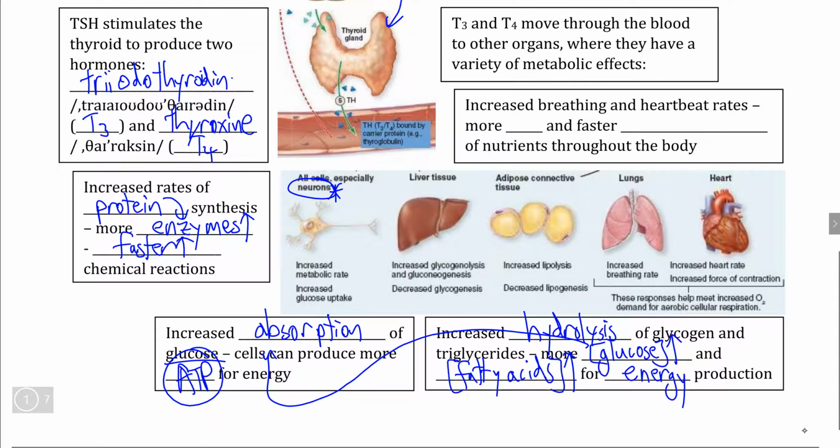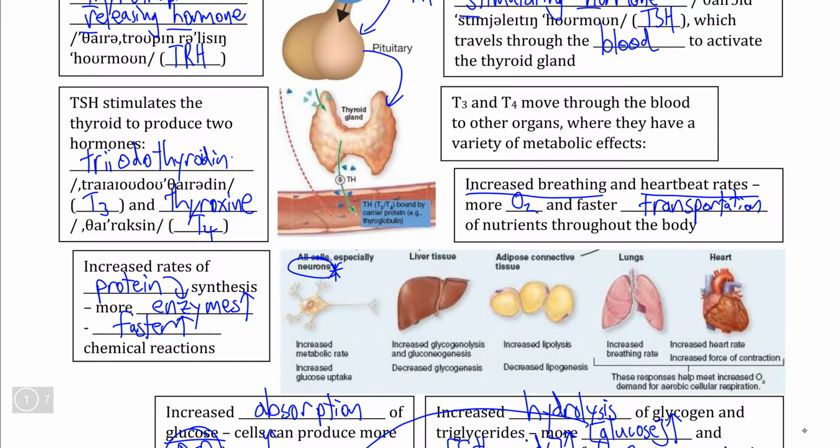However, none of these reactions would actually be possible if we did not have enough oxygen in the body, which is why the final effects of T3 and T4 related to catabolism are an increased rate of breathing by increasing the rate at which the diaphragm works so that we can get more oxygen into the body, and an increase in heart rate so that we can speed up the rate of transportation of nutrients throughout the body so that cells that require energy get the energy that they need.